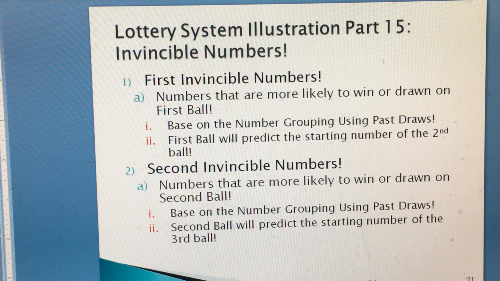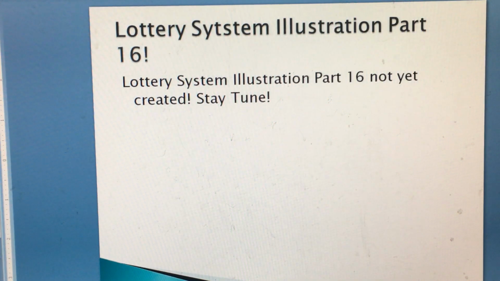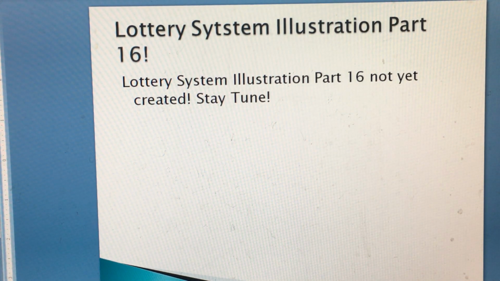Second invisible numbers are more likely to be drawn on the second ball. If you combine these two, it's called the first and second invisible numbers. Illustration part 16 now has the title Invincible Sums, so it connects to invisible numbers, because invisible numbers will go into the Invincible Sum system mode.